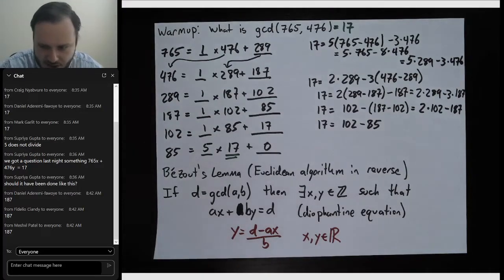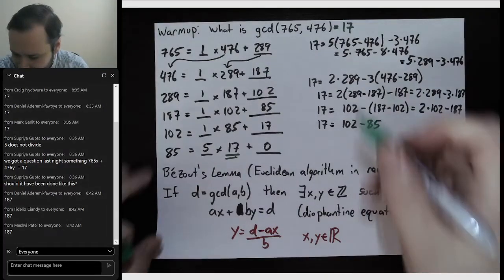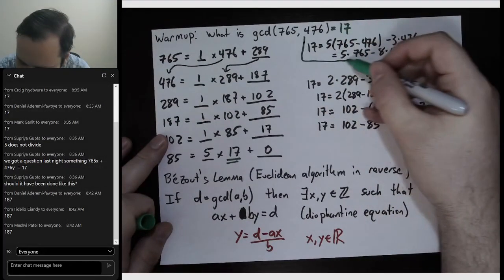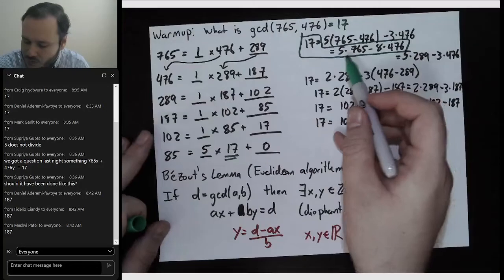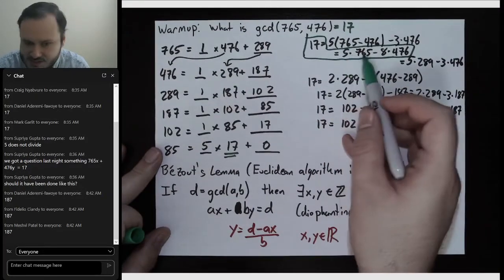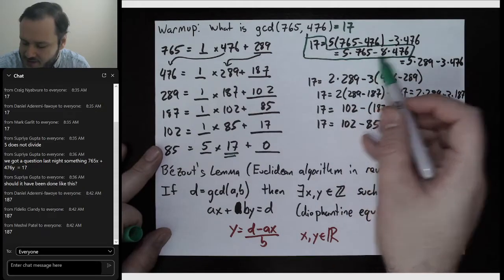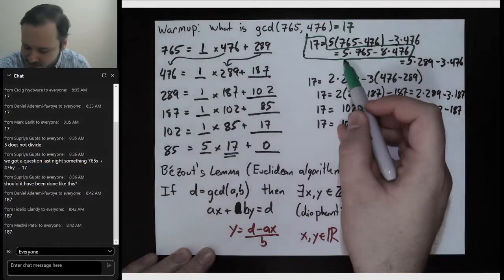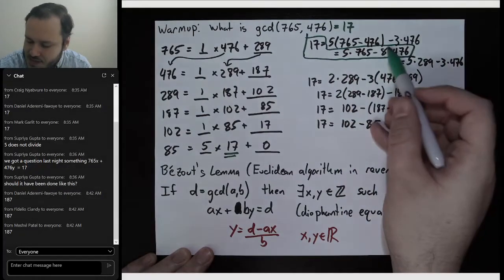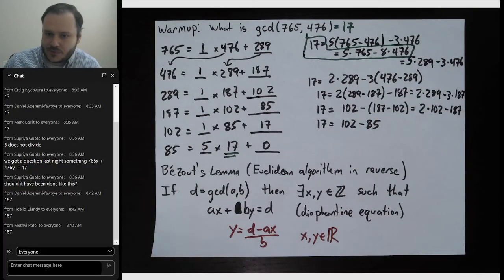So here is my equation that I claimed existed. 17 is equal to a multiple of 765 plus a multiple of 476. In this case, a is 5 and b is minus 8. But they're both integers.